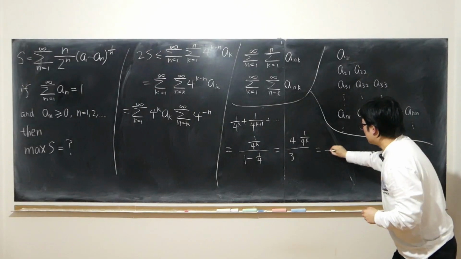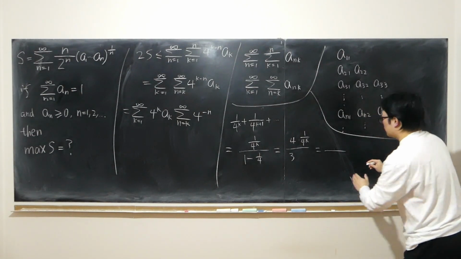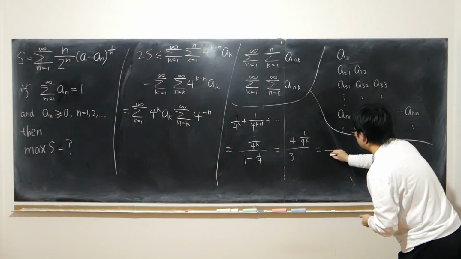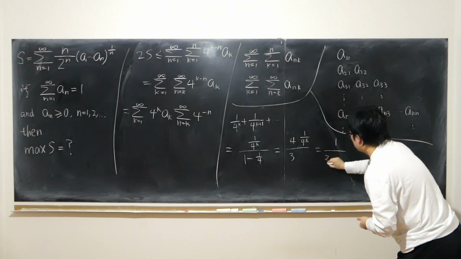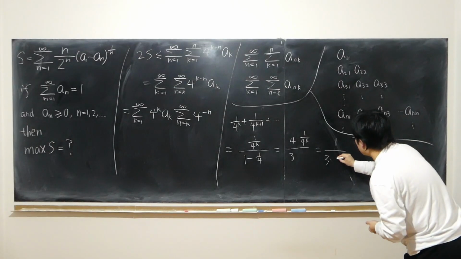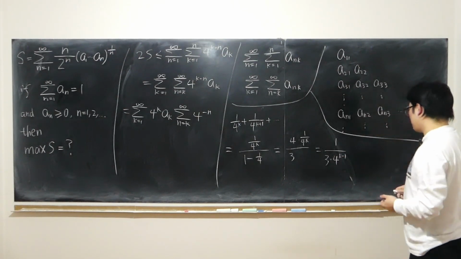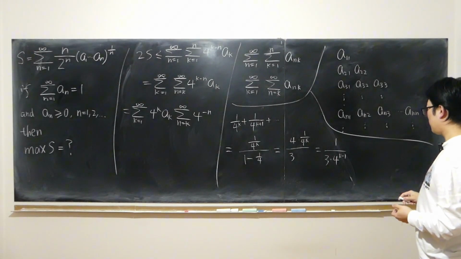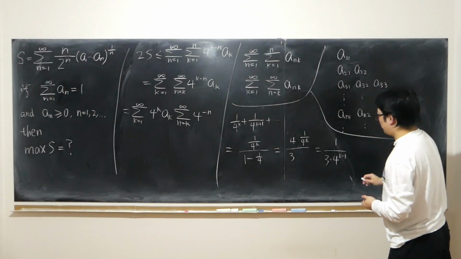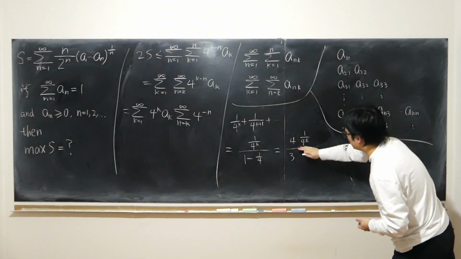That is essentially 1 over 3 times 4 to the k minus 1. Actually, I don't even need that. I just leave it as this one.